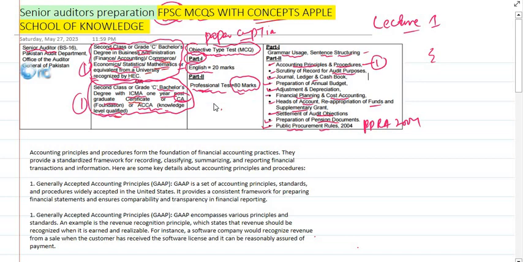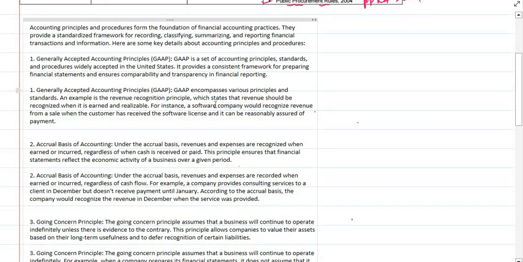So let's start. Okay, the first one, accounting principle, is the generally accepted accounting principles, which we call GAAP. In most exams it is tested what the full form of GAAP is. So this is the generally accepted accounting principles. And what actually is GAAP?